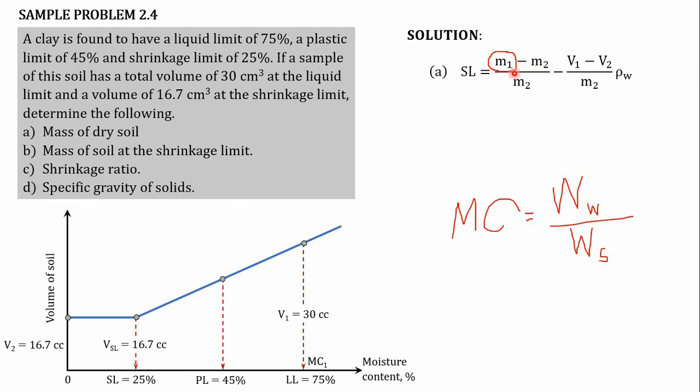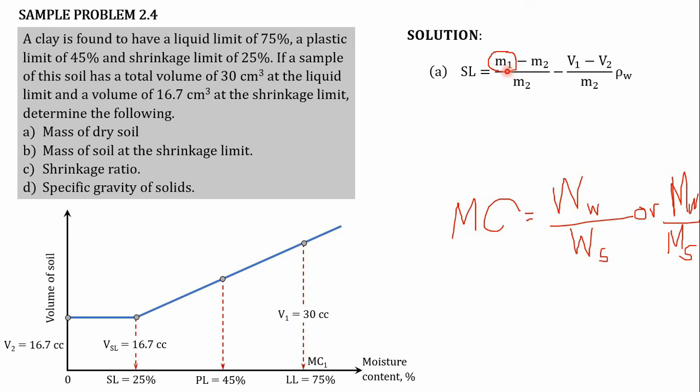That is the mass of water initially. That is the weight or the mass of water, or mass of water divided by mass of solids. So this is the mass of water initially, divided by the mass of solids or mass of dry. That is the moisture content.